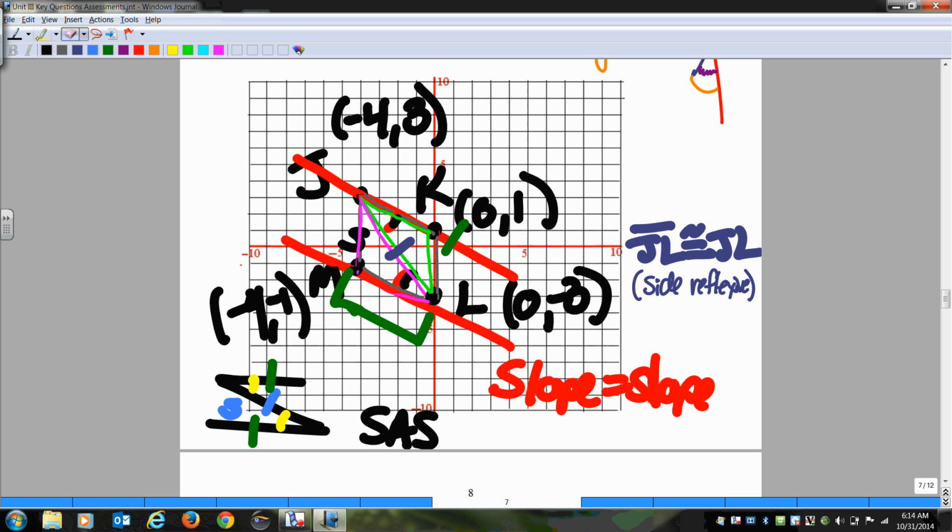You could also do slope all 4 sides. And if you do slope all 4 sides, you could get these armpits of the Z.